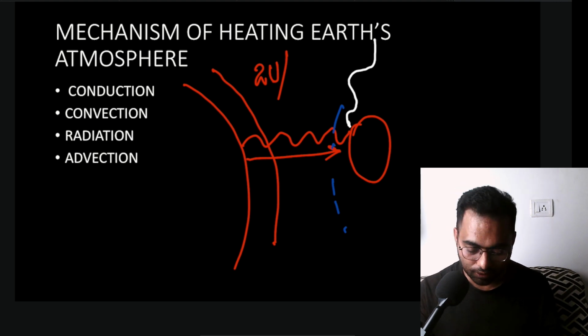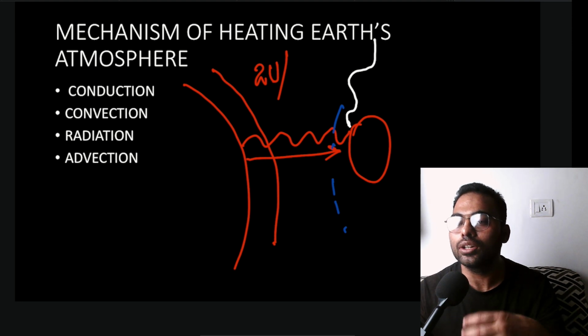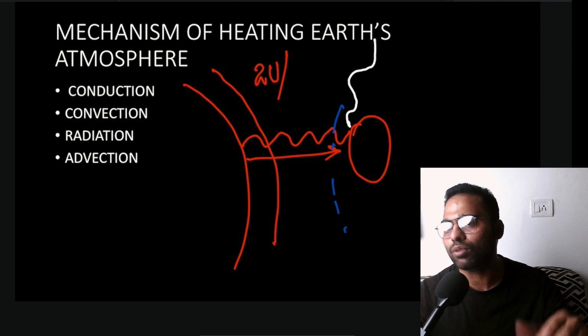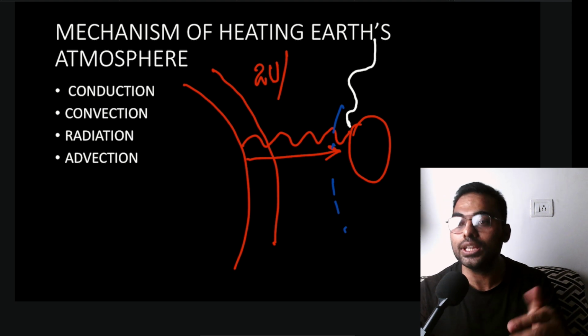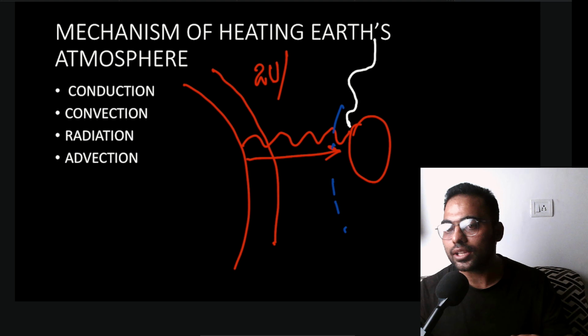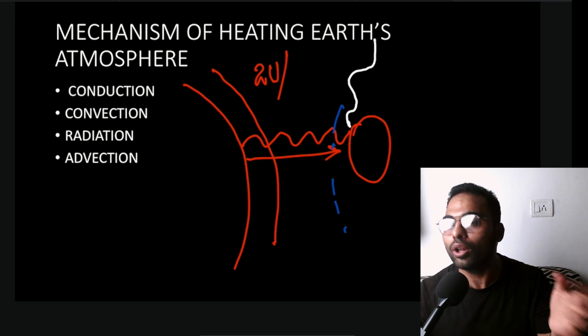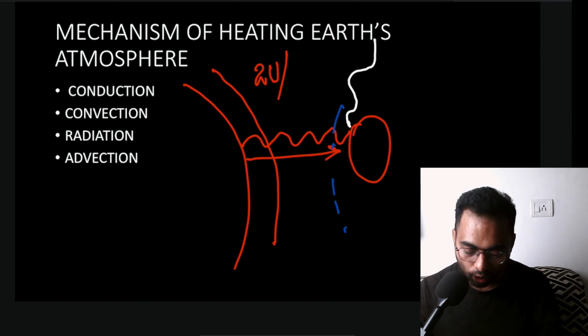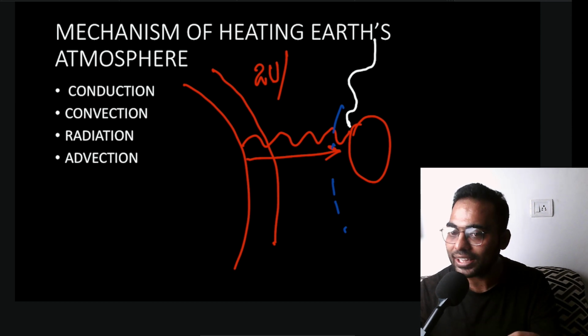But now tell me, what kind of radiation would the Earth emit? Is it going to be as strong as that from the sun, or is it going to be weaker than that of the sun? It's going to be weaker, because the Earth would not radiate all the radiation that it has absorbed from the sun, right? So if it is weaker, then it must be of long wavelength.